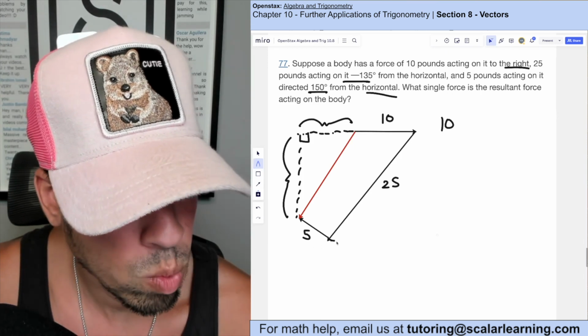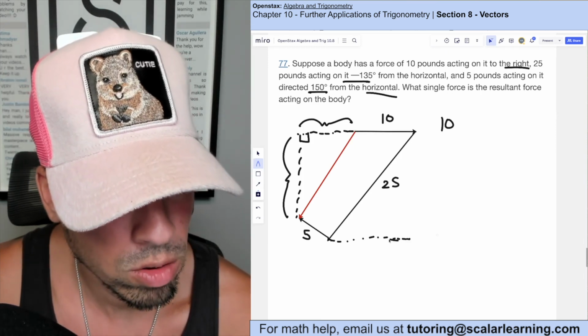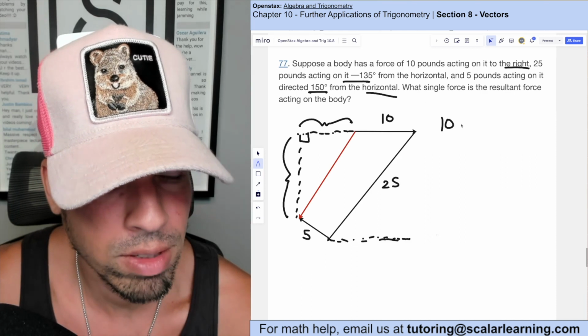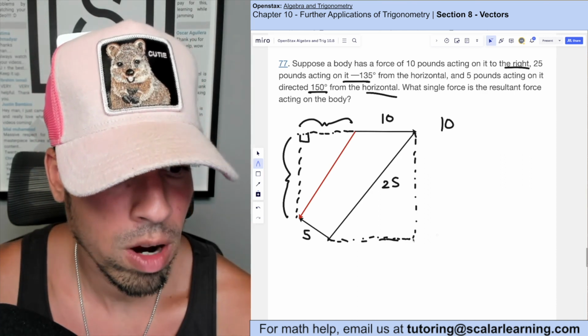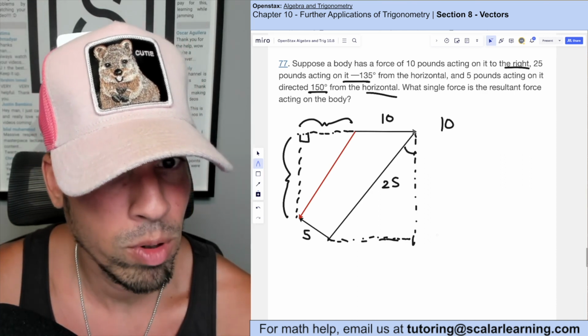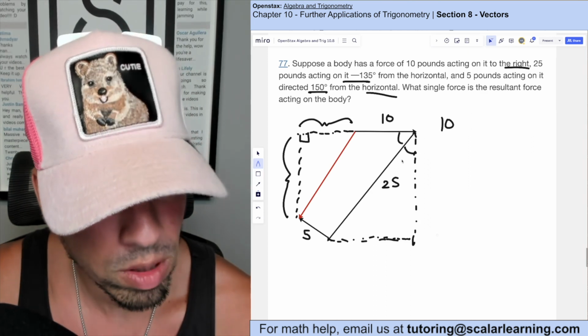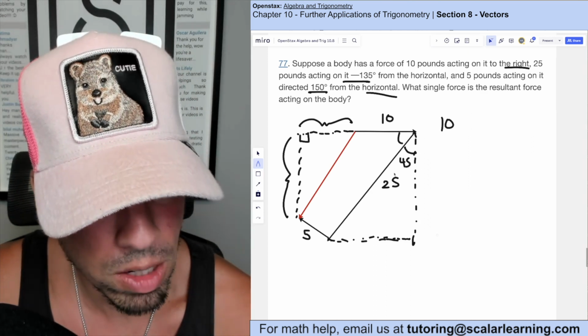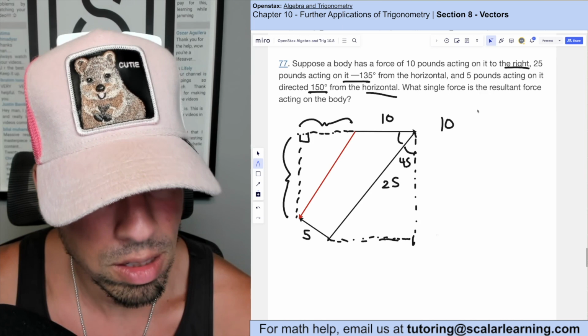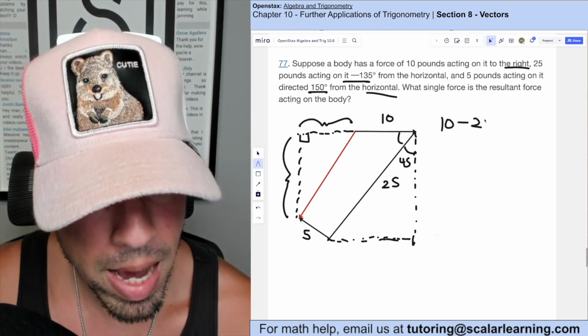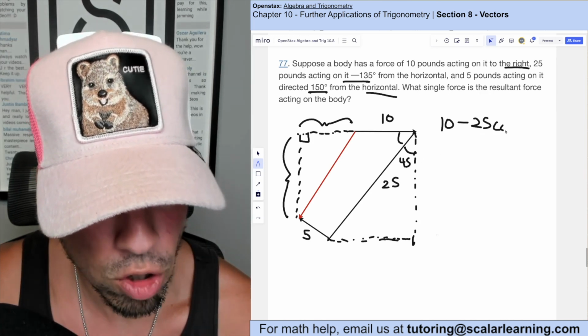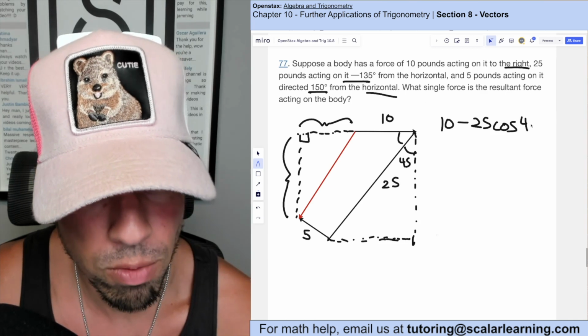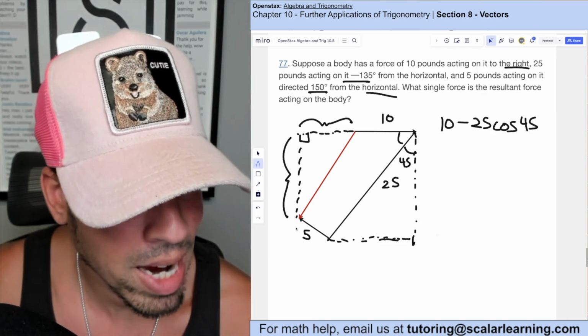So we have to figure out this horizontal distance that we've gone back to the left. If I look at this as a triangle, this angle in here we already said is 45, so this is also 45. So I can figure out this horizontal distance using magnitude 25 times cosine of this inside angle of 45.